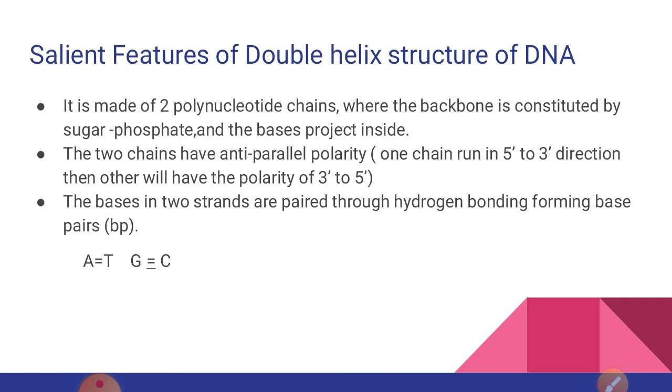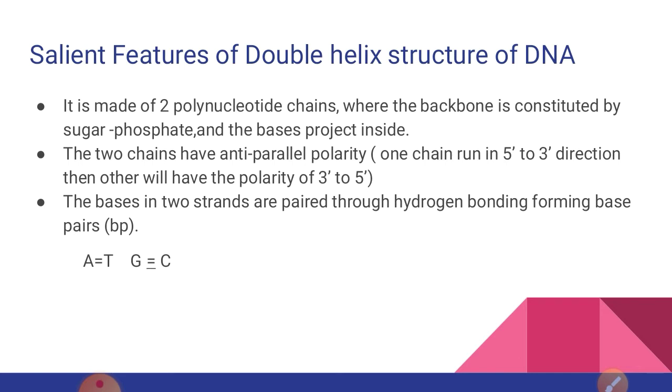Now, what were the salient features of the double helix structure of DNA, as given by Watson and Crick? The DNA was made up of two polynucleotide chains where the backbone is constituted by sugar and phosphate and the bases project inside. I will show you a picture which will depict this more clearly, and I have also discussed in my previous video how the sugar and phosphate are linked together and how the bases are linked to them to form a nucleoside, and when a phosphate group is added they form a nucleotide.